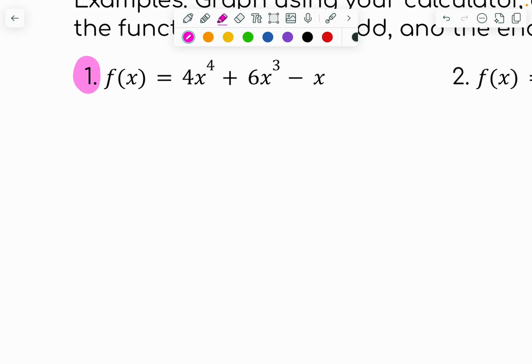So looking at this function, the degree here is whatever my largest exponent is. So that's a 4. And my leading coefficient is the number in front of that, which is also a positive 4. So in this case, I have an even positive polynomial.